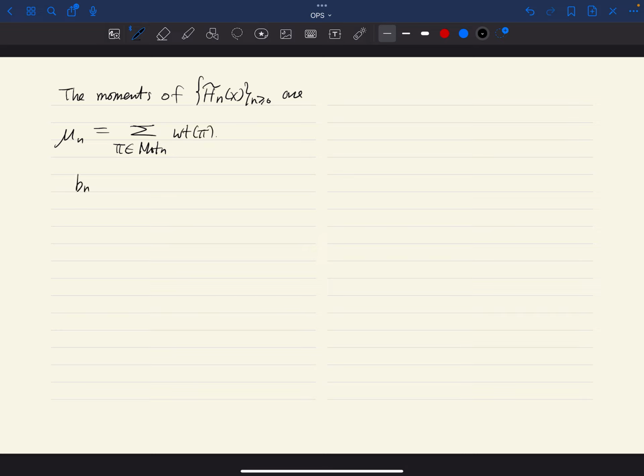But we know that b_n equals 0, and lambda_n equals n. So if b_n equals 0, you don't have horizontal steps, so it's going to be a Motzkin path. We only need to look at Dyck paths. So again, mu_{2n+1} equals 0, and mu_{2n} equals the sum over all Dyck paths of length 2n of the weight of pi.